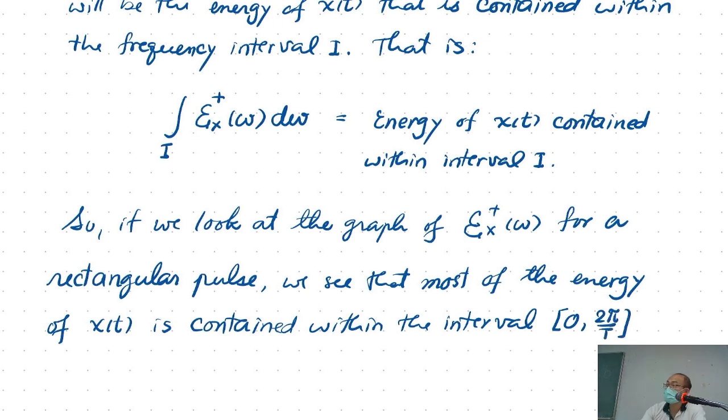So it is basically a low frequency signal. In other words, if the frequency is higher than 2 pi over t, then we can expect that the energy is not very large. So we can practically eliminate those parts of the frequencies without much consequence. We can consider only the signal in this frequency interval, because most of the energy of the signal is contained in this interval.